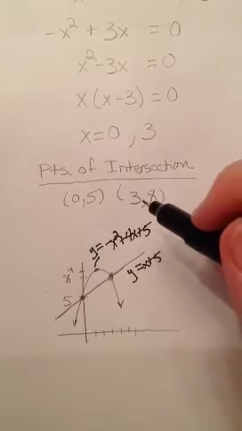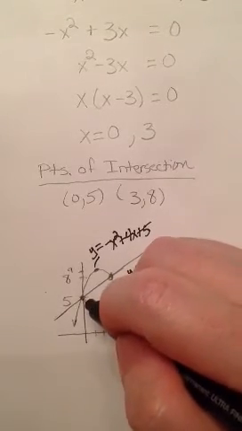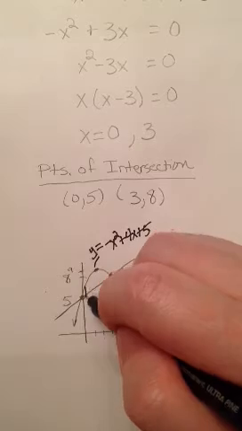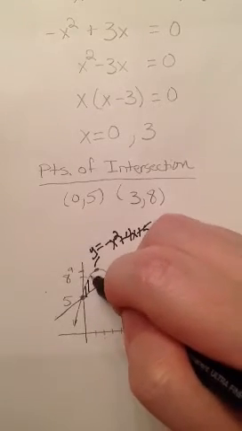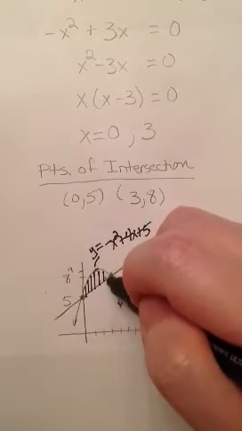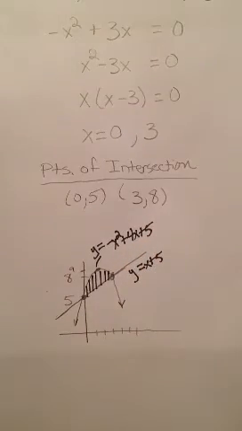And for the region that is bounded between 0, 5 and 3, 8, the quadratic is going to be perpetually above the linear. So we have one region, and so we can determine the area in one singular integration operation.